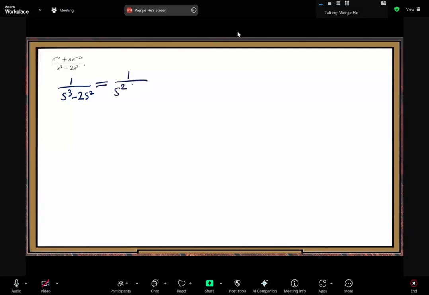Factor s squared out. So s minus 2. Then, because there are three factors, we should take one factor out, right? So let's take one factor, 1 over s out. So inside it is s times s minus 2. So we may like to write s minus 2 first, then s.